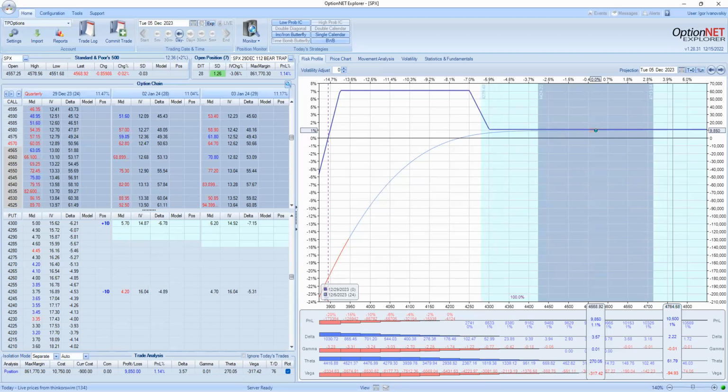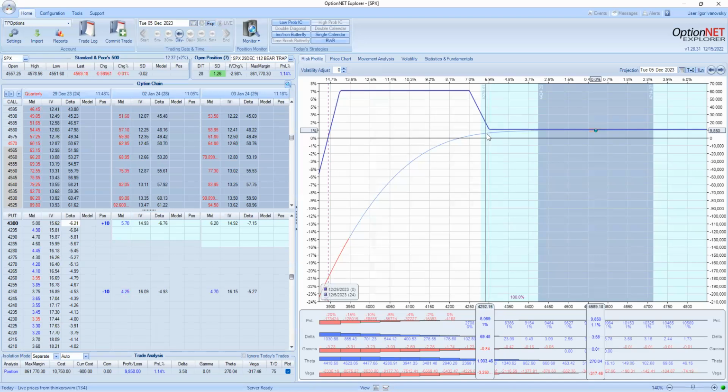94% is correct. 85 is close. 90% is close. But we can just look at the delta of this put. 4,300 put is currently about a delta 6, which means that there is about a 6% probability that this put is going to be in the money at expiration, which means that there's a 6% probability that SPX will be below 4,300, or there's about a 94 or 95% probability that SPX is going to be above, right?